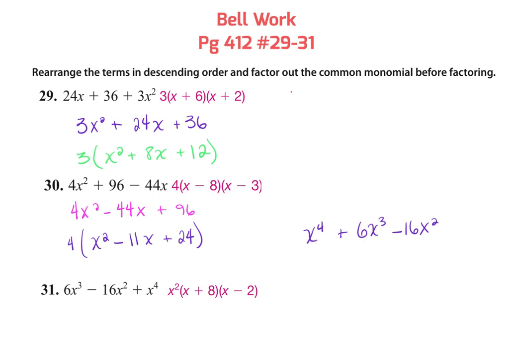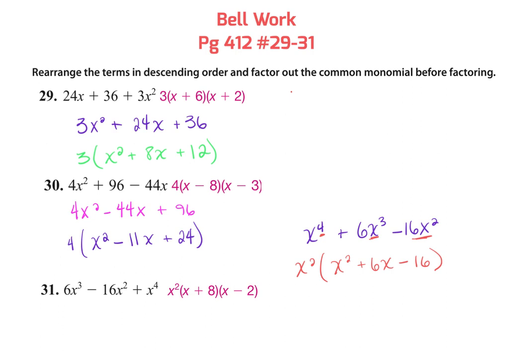But when I look at my variables, I can take something out. I have 4 x's, 3 x's, 2 x's, which means I can take 2 of them out. So my greatest common factor here is x squared. If I took 2 x's out, this only has 2 x's left. If I took 2 x's out here, this has 1 x. And if I took 2 x's out here, that one has none.